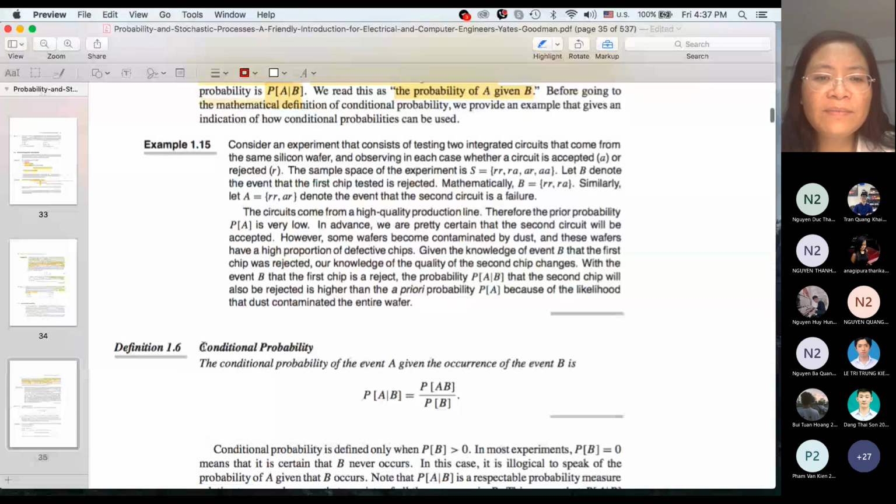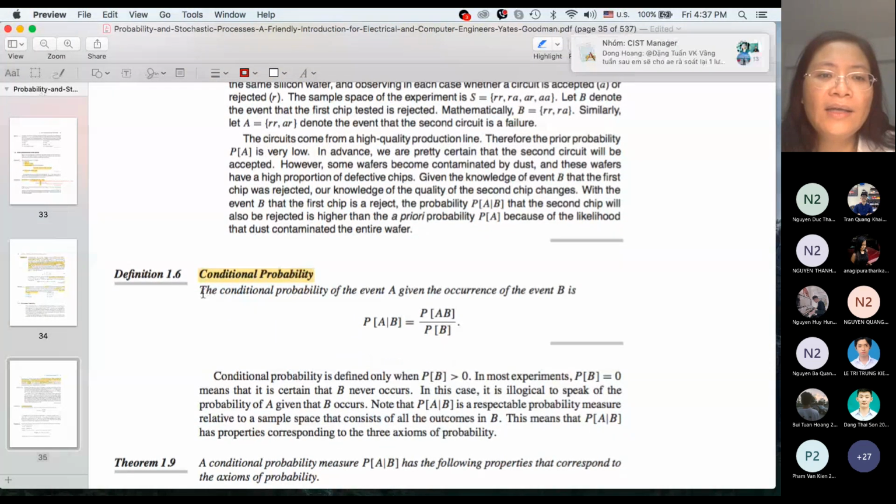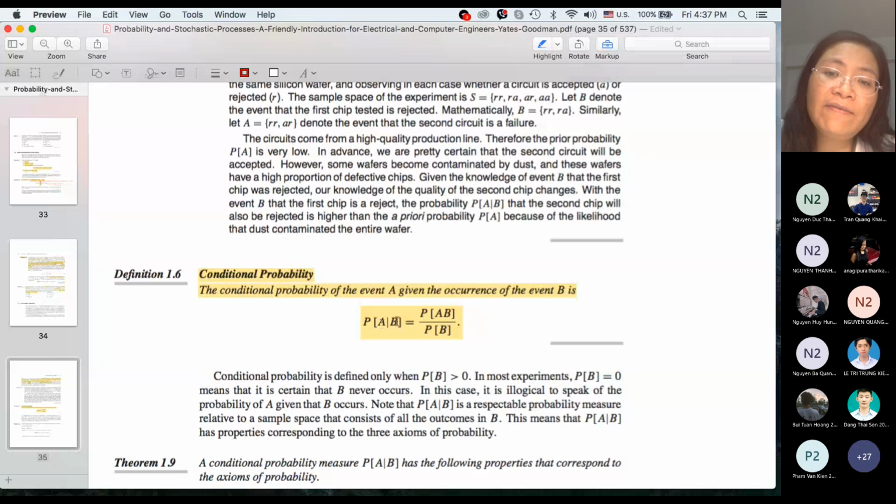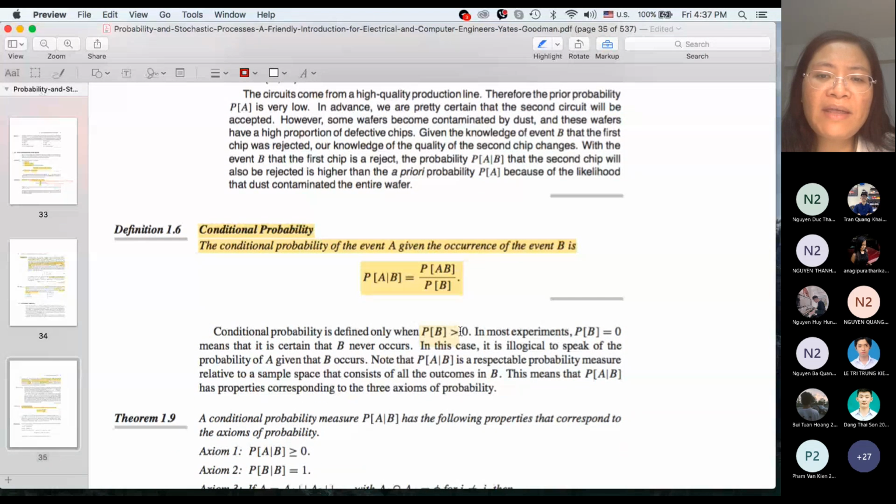And we have the definition of conditional probability. The conditional probability of the event A given B, given the occurrence of B, is the probability of A given B equals the probability of A and B over the probability of B. We remember that the probability of B is greater than 0.